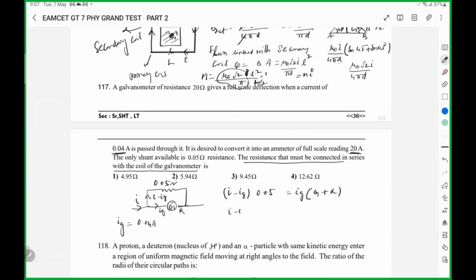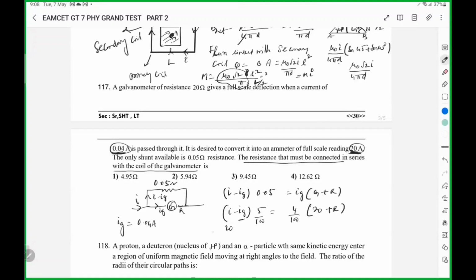So I minus Ig, here 20 amperes is I. Ig is only 0.04, which is negligible. So I'll write 4 by 100 into G plus R. R is what we have to find out, and the galvanometer resistance is given, it's 20.